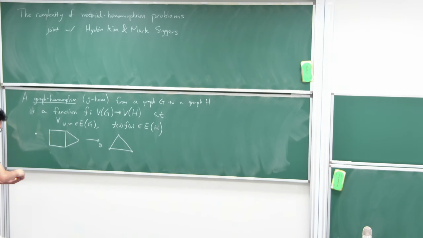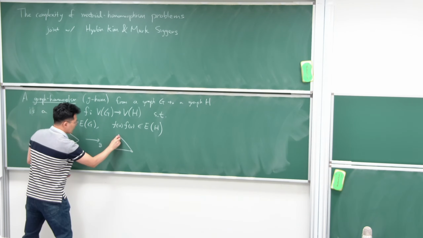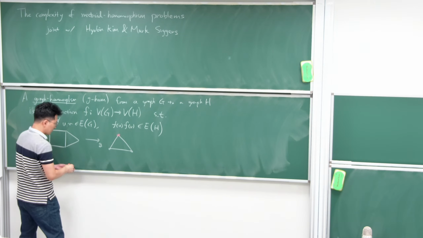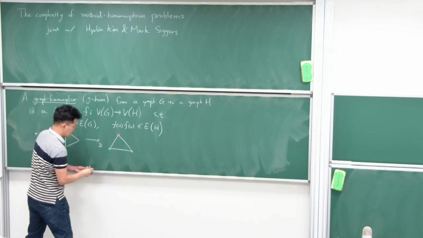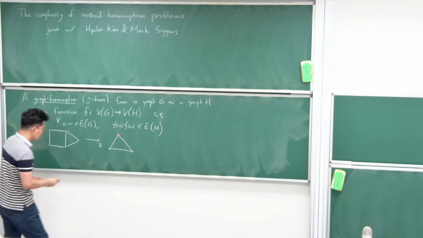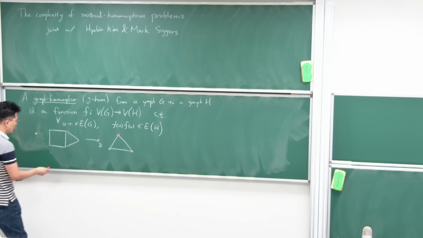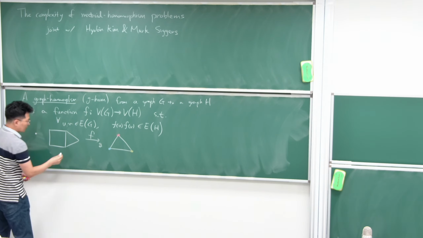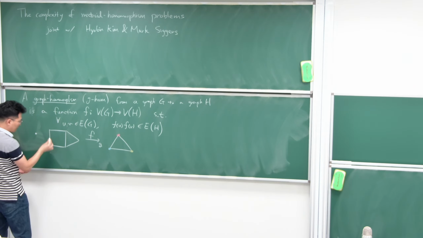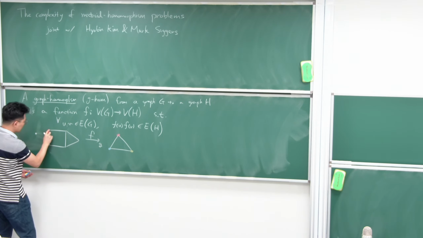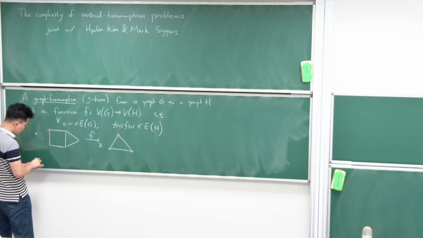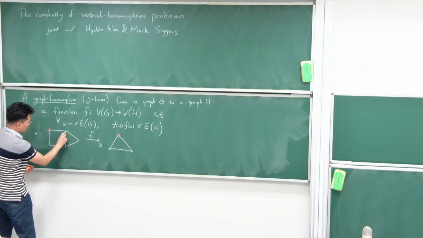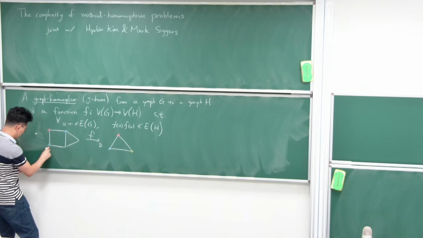Let me represent this function by coloring. Let's say f sends this vertex to the red vertex, and this one to the blue one, and so on.